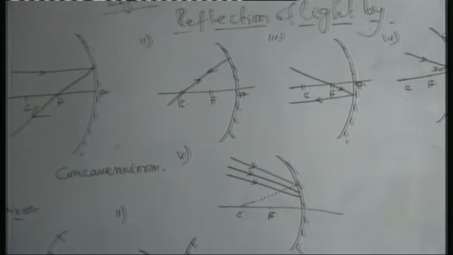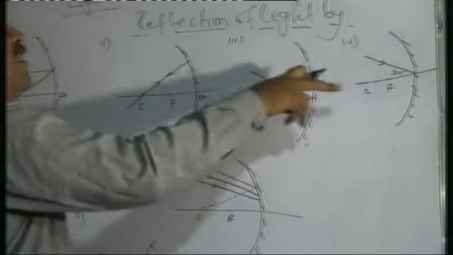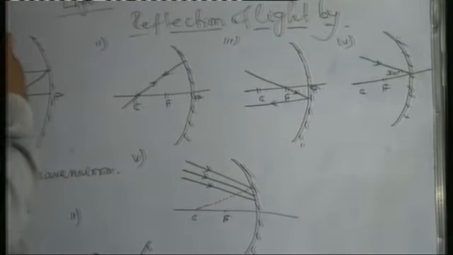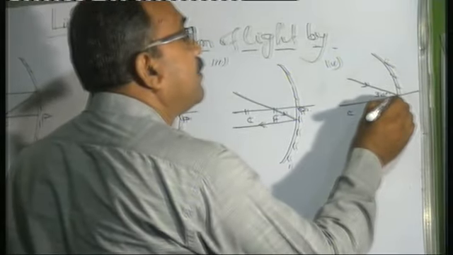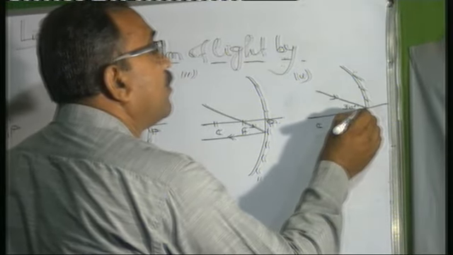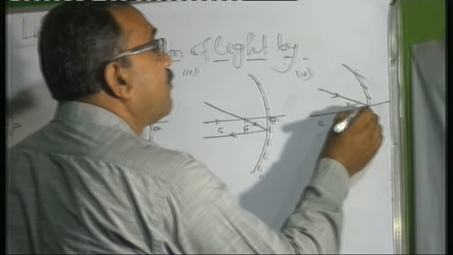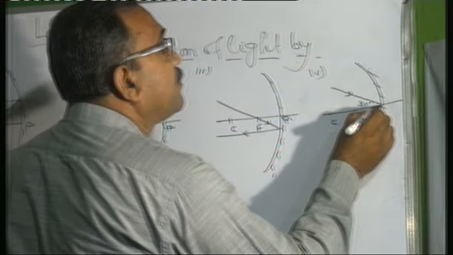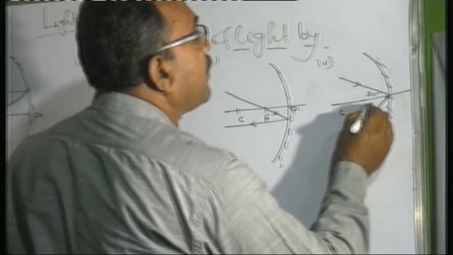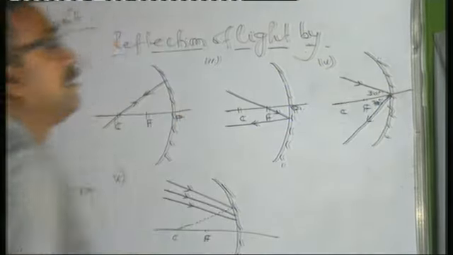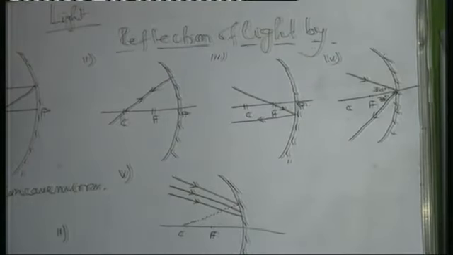If you say the incident angle is 30 degrees on the mirror, the angle of reflection will be 30 degrees. That means the reflected ray makes an angle with the normal that must be 30 degrees.